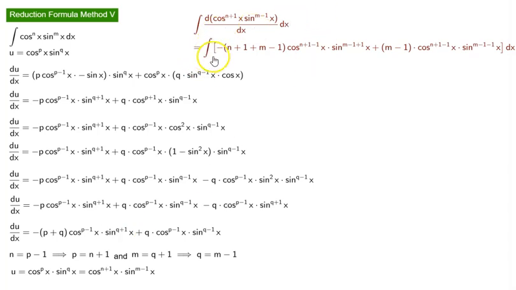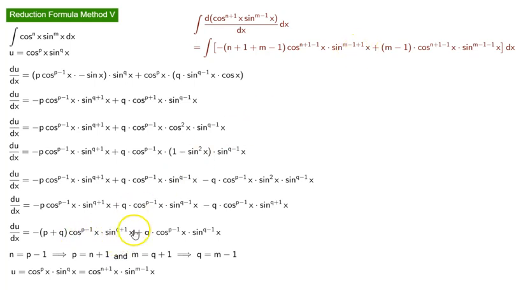Now we integrate the derivative du by dx to get u, which means we integrate the right hand side as well. So when we integrate, what do we get? Minus the integral of (p plus q), that is (n plus 1 plus m minus 1), times cos to the power of n plus 1 minus 1 x times sin to the power of m minus 1 plus 1 x.